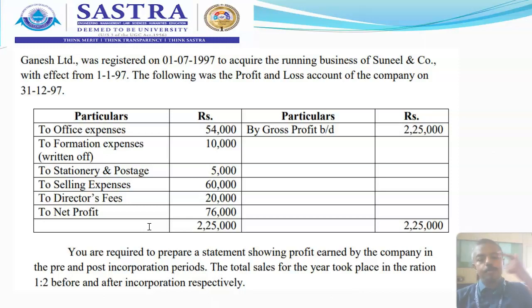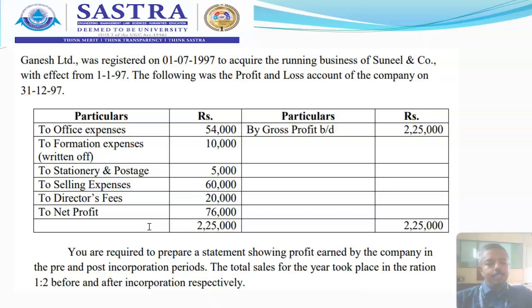So 54,000 divided into 2 halves. If you multiply 1/2 with 54,000, you will get 27,000 for the pre-incorporation period, and the balance 27,000 is for the post-incorporation period.